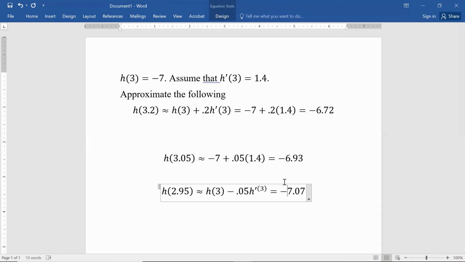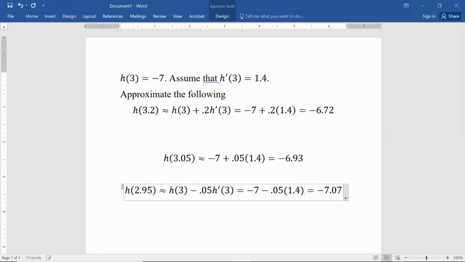Let me rewrite that because when I typed in the 3, it kind of showed up ugly. And I'll write in the intermediate step as well. So -7 minus 0.05 multiplied times 1.4. And that gave me a -7.07.